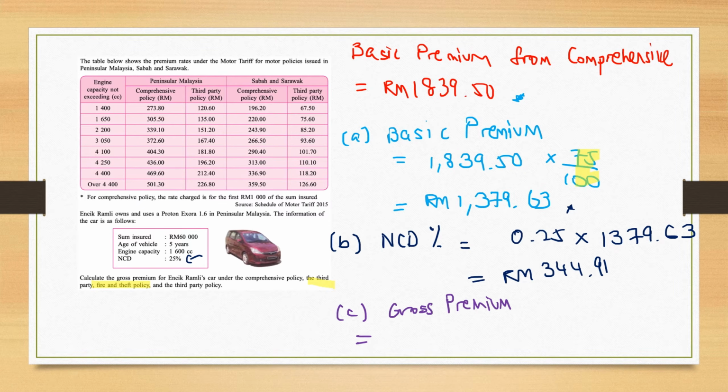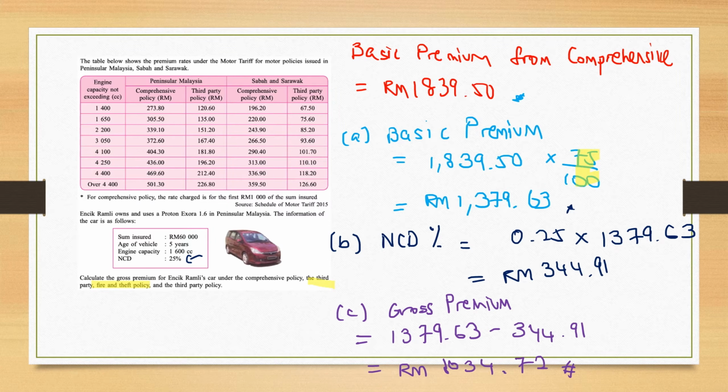For this question, let's minus our NCD amount. So 1379.63 minus 344.91. The final answer would be 1,034 ringgit and 72 cents. There you go.